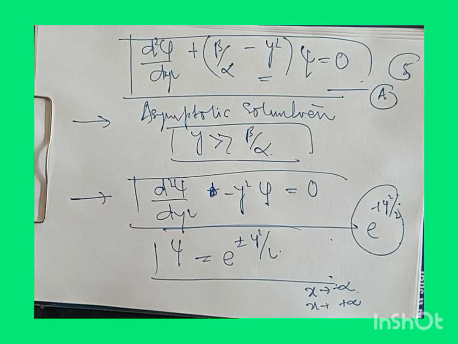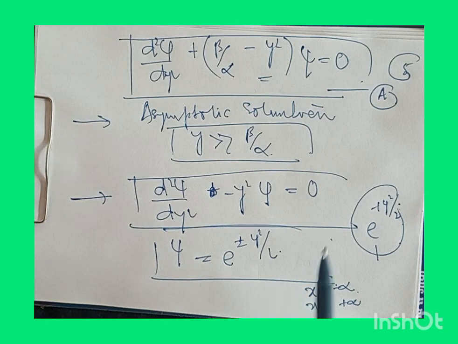So if it increases exponentially, that means at infinity the solution will not tend to 0, and automatically the solution e to the power of plus y squared by 2 is not correct.